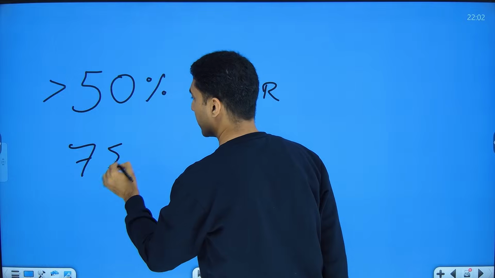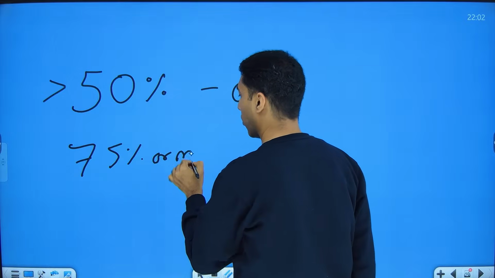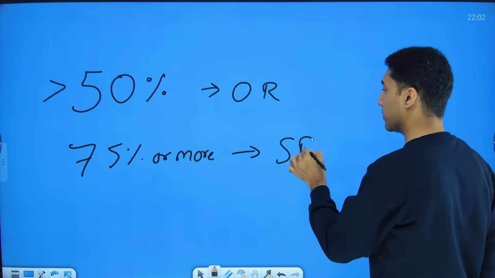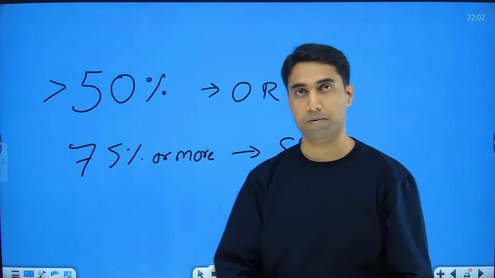Wherever you need 75% or more shareholders to agree, we call it a special decision or a special resolution.